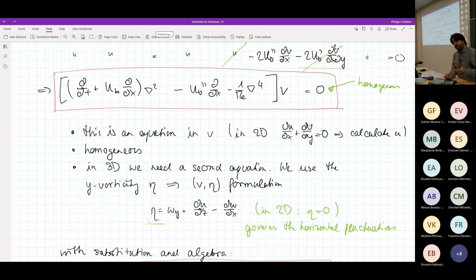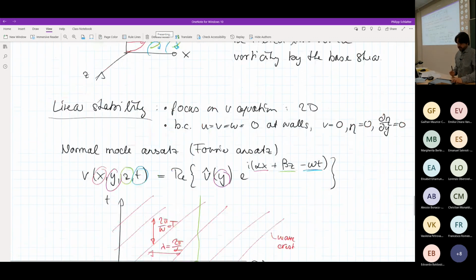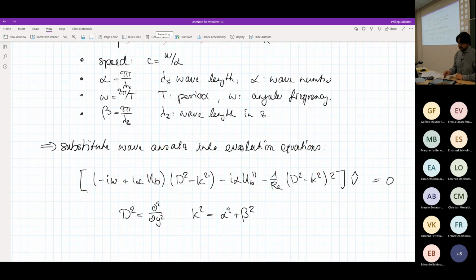Of course, in Fourier, the derivative in x would be I alpha times I alpha, and I alpha squared gives me minus alpha squared, and the same in beta. So therefore, this bracket here would just be the nabla squared times v. So d squared minus k squared.